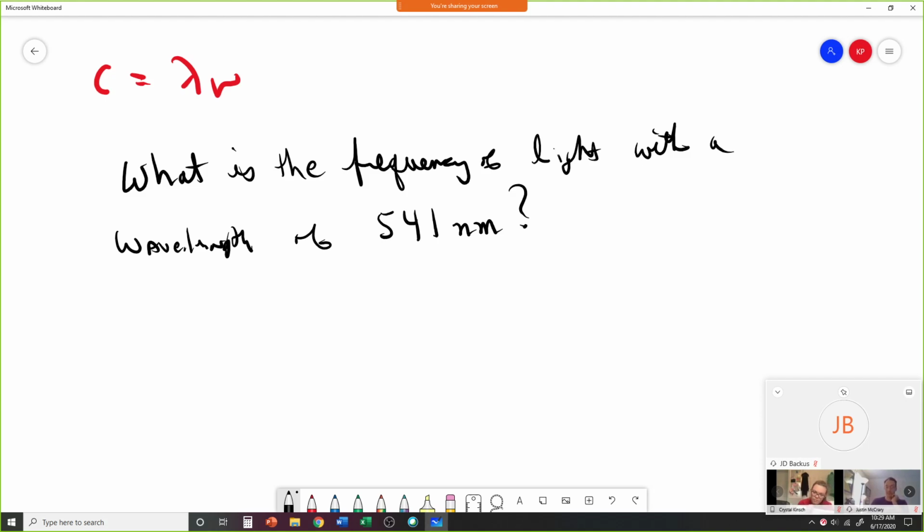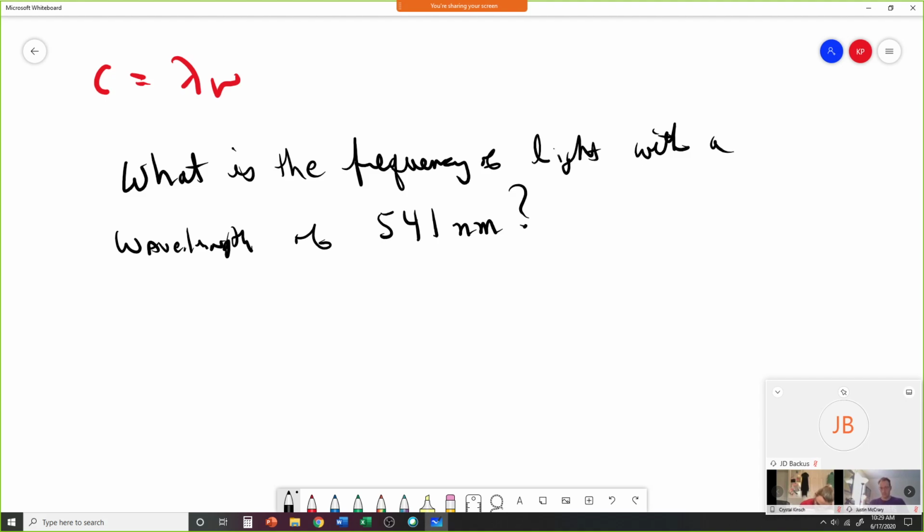Now, remember what I said? When we use units, many times the units that we use are a matter of convenience. If you're talking about visible light, 541 is green. It's not important that you know that 541 is green, but it is. And 540 nanometers is green light.